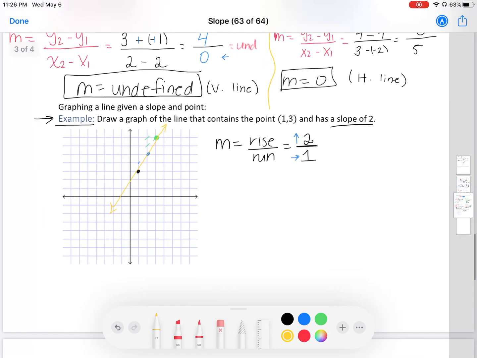Here's how you can find a line given a slope and a point. So we graphed it using, first, the point, and then second, we use the slope to draw more points.